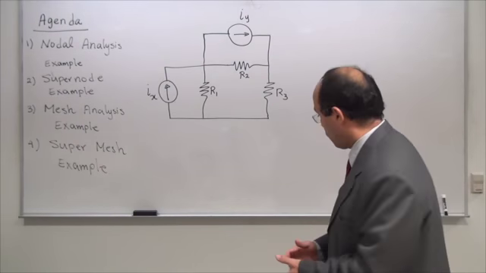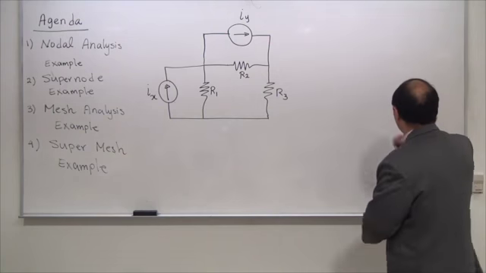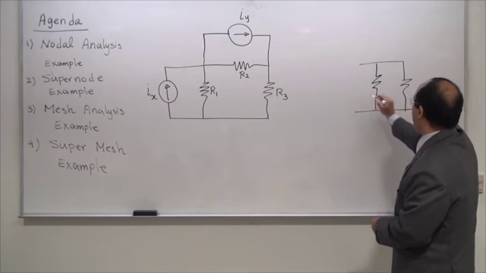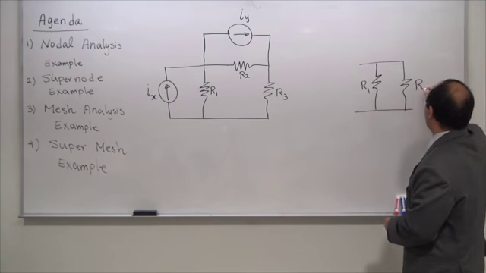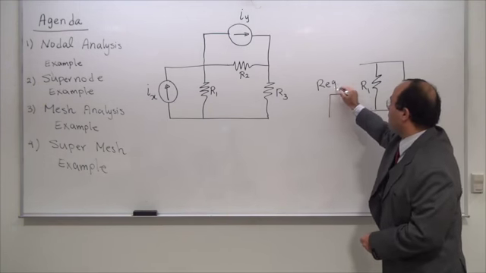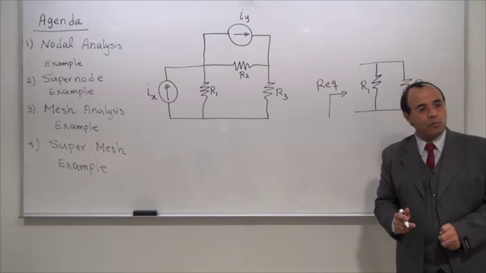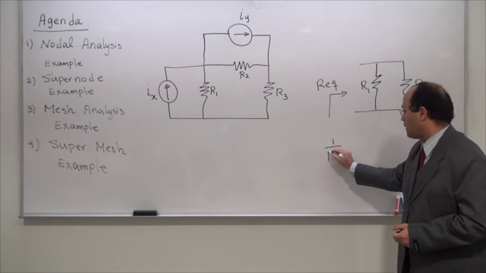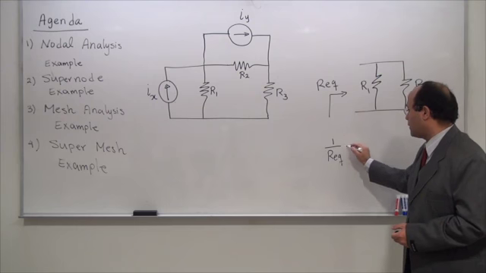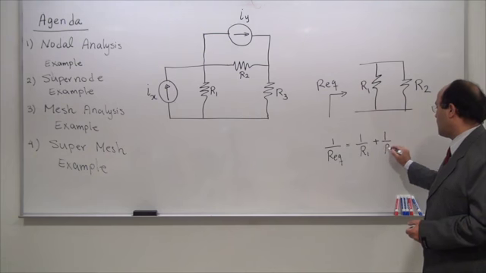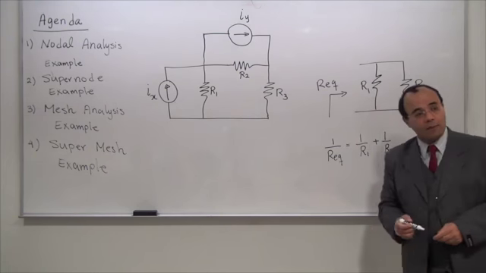For example, you have R1. Let me just refresh the memory. If you have this one and you have this, these two are in parallel, R1 and R2, and you would like to find R equivalent. Back in chapter 2, we mentioned that in order to find R equivalent, you have to look into the inverse. 1/R1 plus 1/R2 is equal to 1/R equivalent.